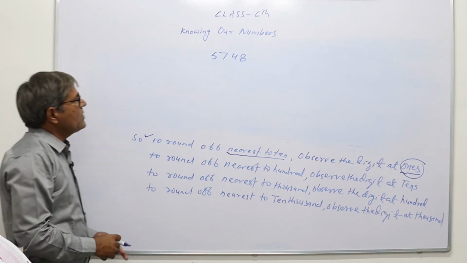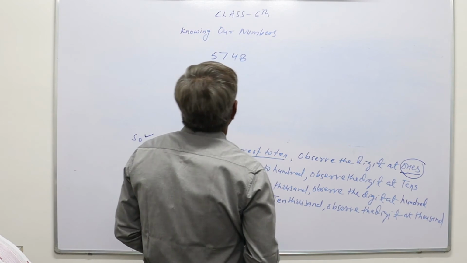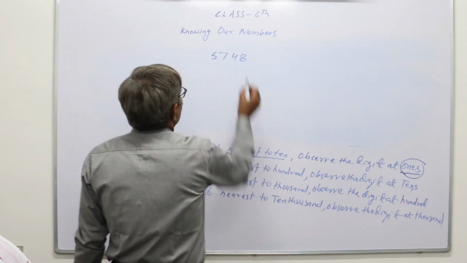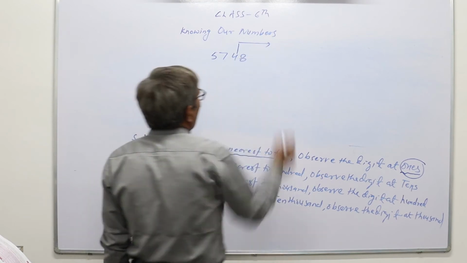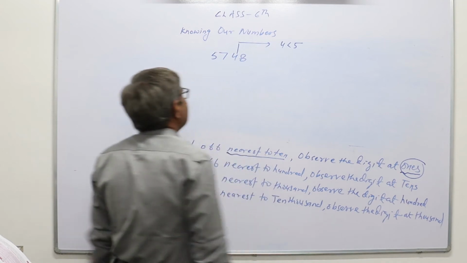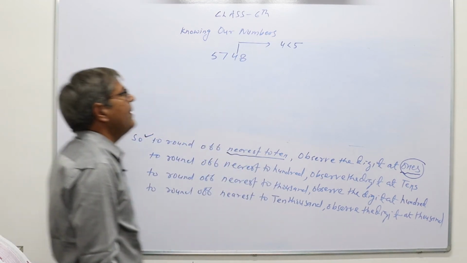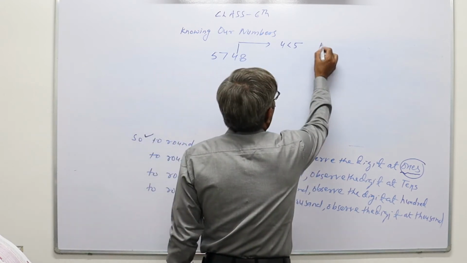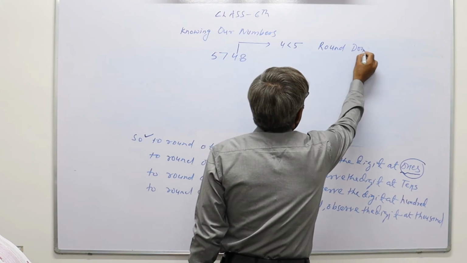To round off nearest to 100, we will observe the digit at tens place. Here the tens place digit is 4, and 4 is less than 5. So if any digit is less than 5, then we will round down.